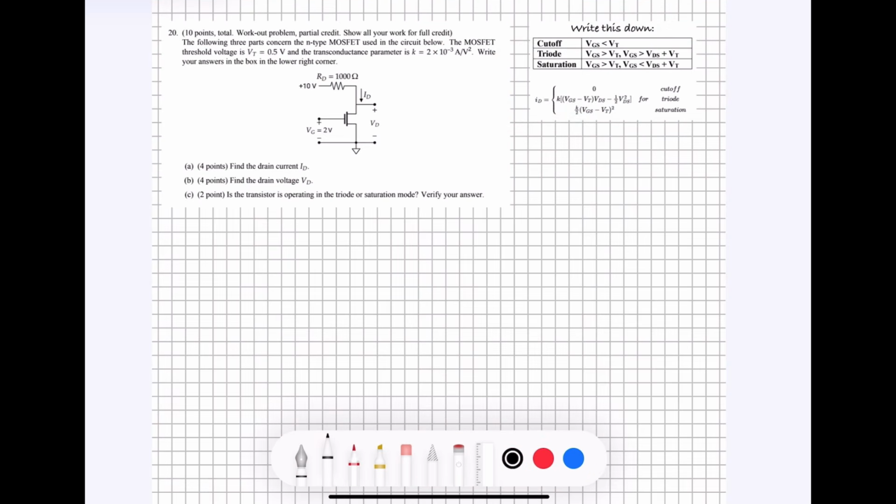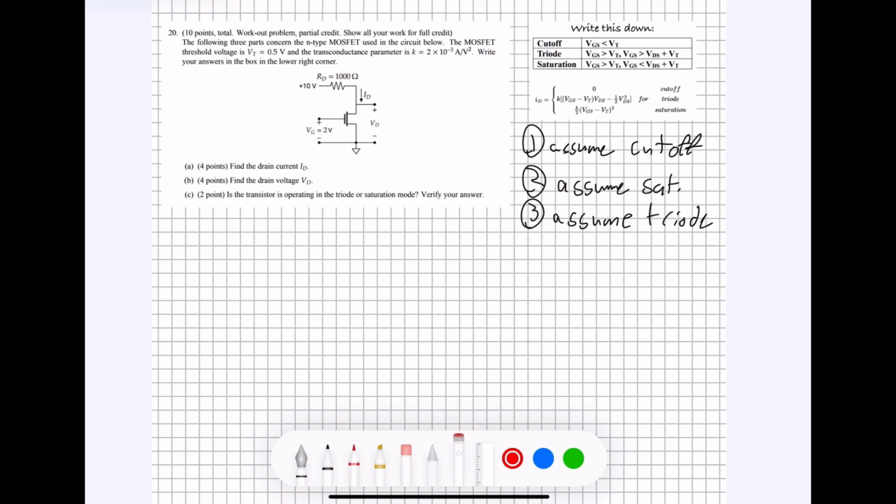And so generally the steps that we want to take when we're solving a problem like this is, number 1, assume we're in the cutoff mode. Number 2, if that doesn't work, assume we're in the saturation mode. And then number 3, if all else fails, assume triode mode.